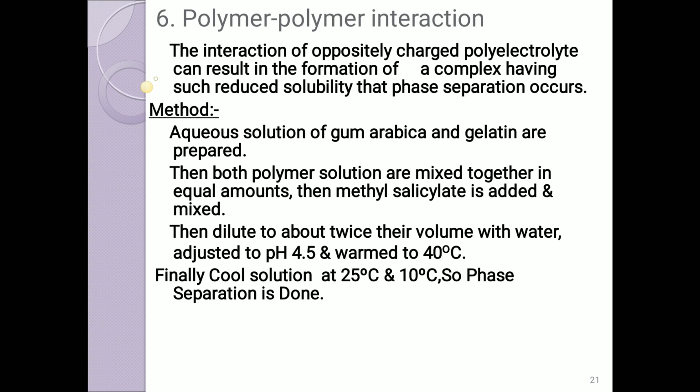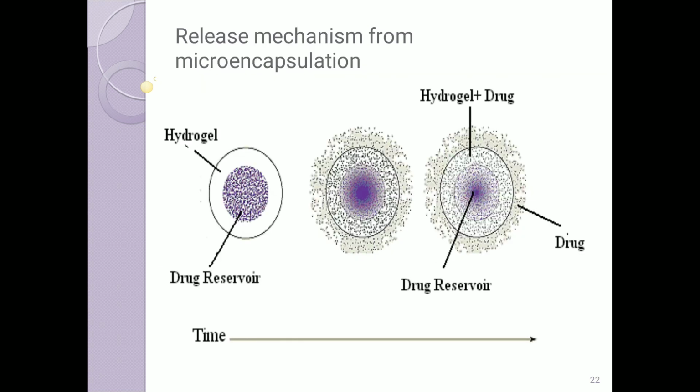But as you decrease the temperature, they make a complex, and that complex decreases the solubility, so they come out of the system with a coating on the methyl salicylate. Methyl salicylate is the drug, so they form a coat on it.